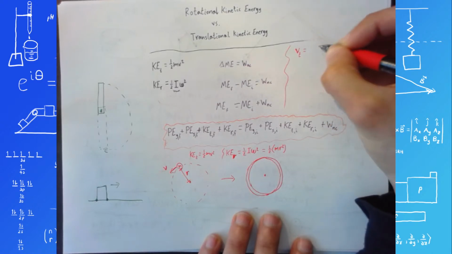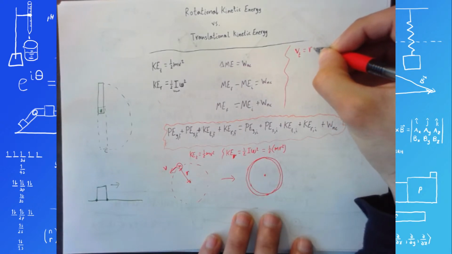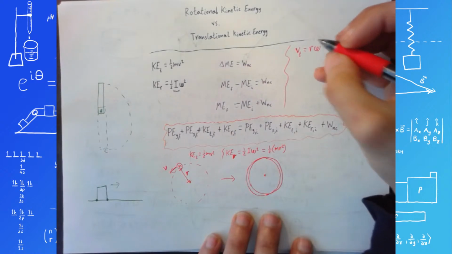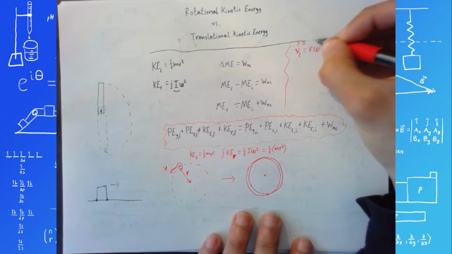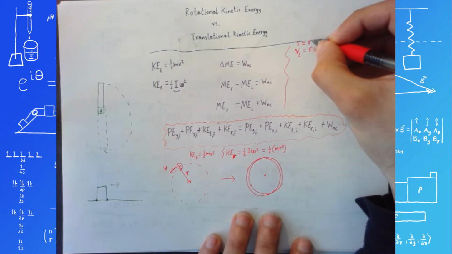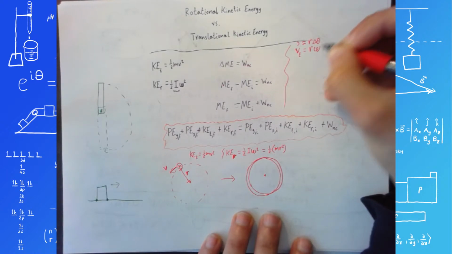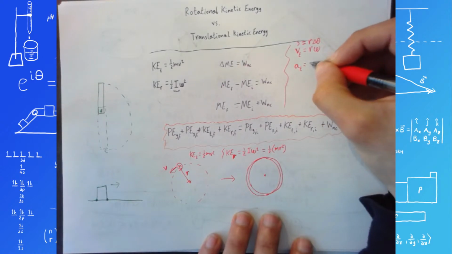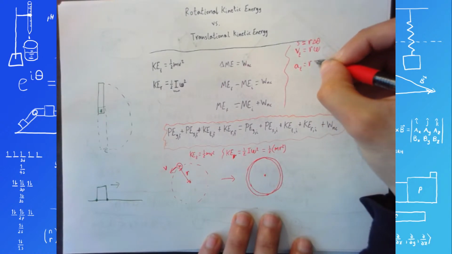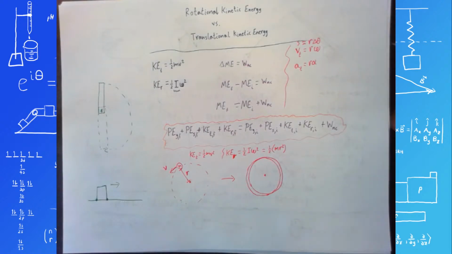V tangential is equal to r times omega. And of course, I might as well list them here. Arc length, distance traveled, is equal to r times delta theta, and acceleration tangential is equal to r times alpha.